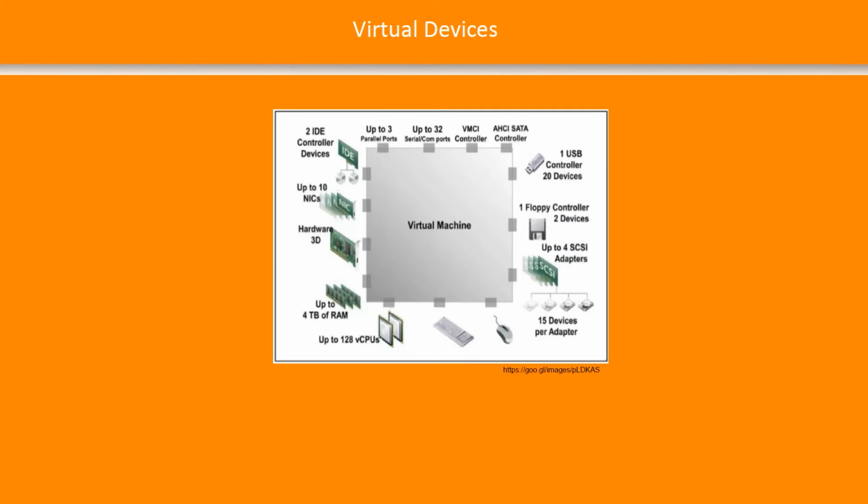In fact, the latest version of VMware vSphere, which is 6.5, has support up to 6 terabytes of RAM per VM. To support symmetrical multiprocessing, the virtual machine can support up to 128 virtual CPUs. We also have the capability to connect up to 10 different network subnets using 10 vNICs.